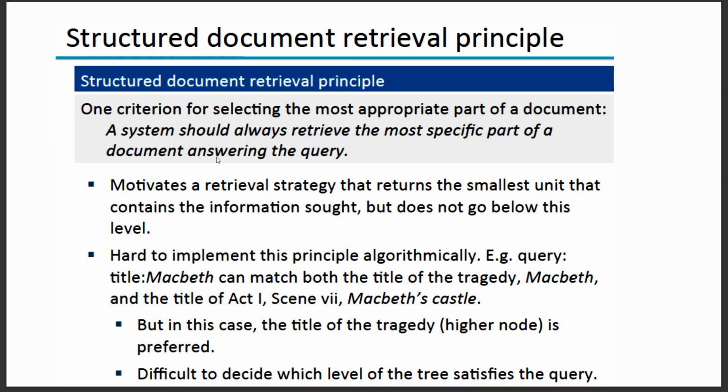Whatever IR system you build, it should be able to retrieve the most specific part of a document which is relevant to the given query. It motivates a retrieval strategy that returns the smallest unit that contains the information sought but does not go below this level. But it is very hard to implement this principle algorithmically. For example, for the query title, usually the user will be expecting the scene.